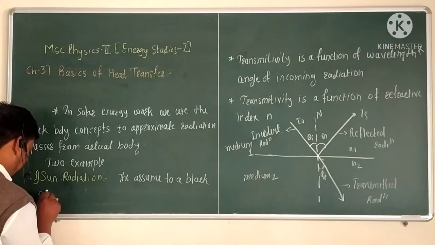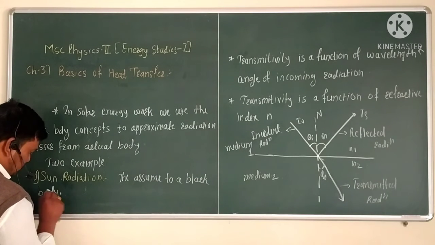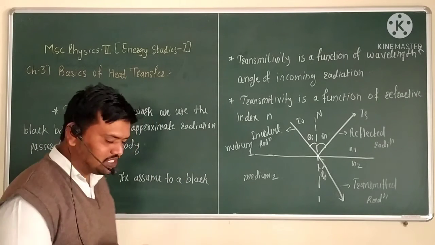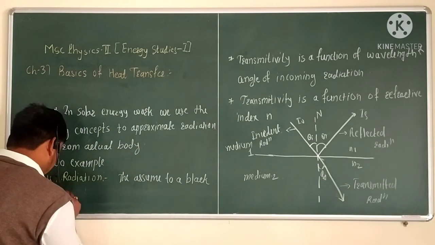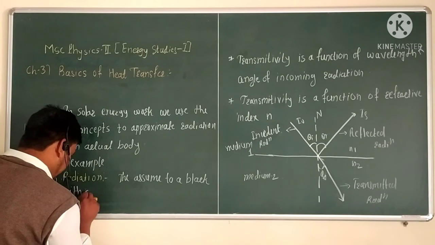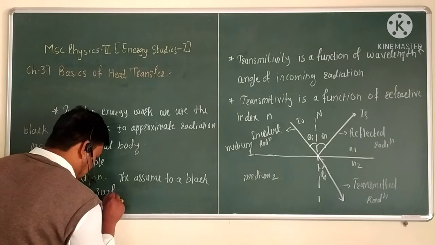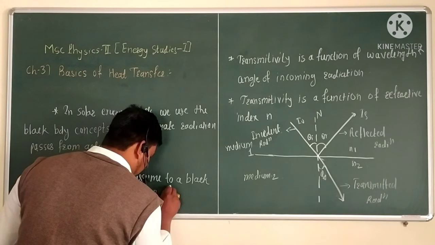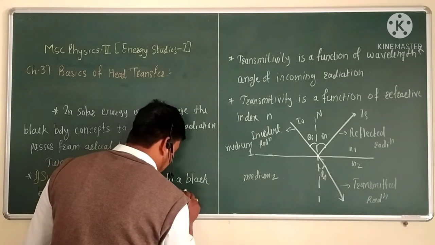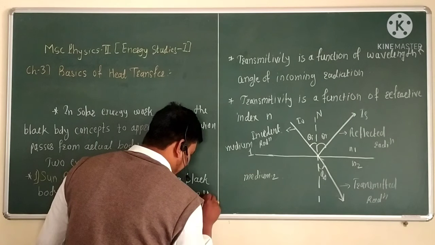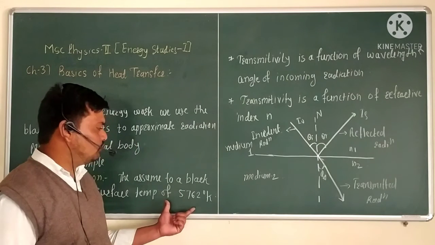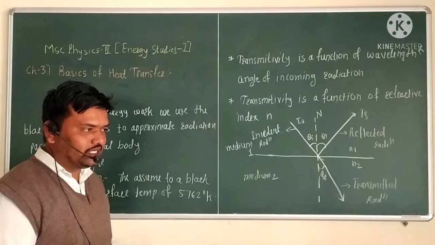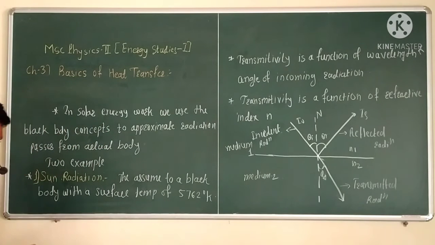If we assume the sun as a black body, its surface temperature is 5762 degrees Kelvin. This huge temperature of the sun body is known as the effective temperature of the sun.